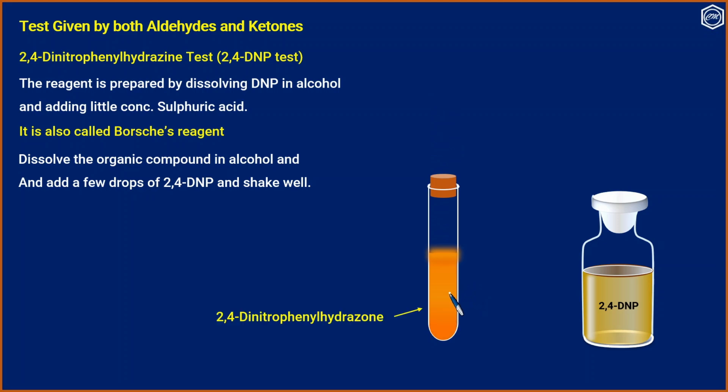The appearance of a yellow, orange or orange-red precipitate shows the presence of either an aldehyde or a ketone. The orange-red precipitate is due to the formation of 2,4-dinitrophenylhydrazone.